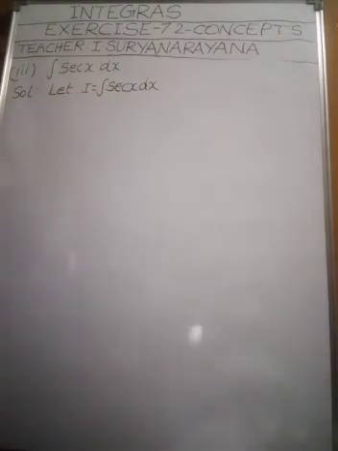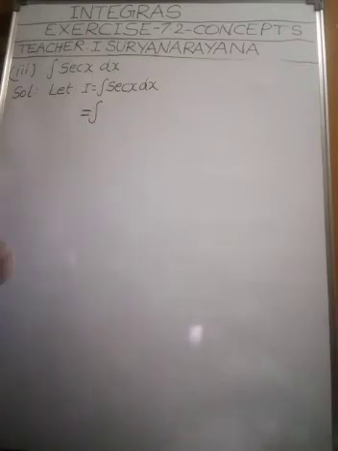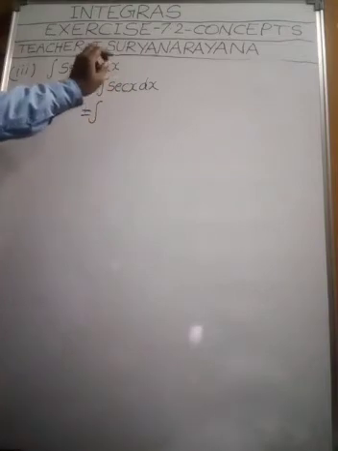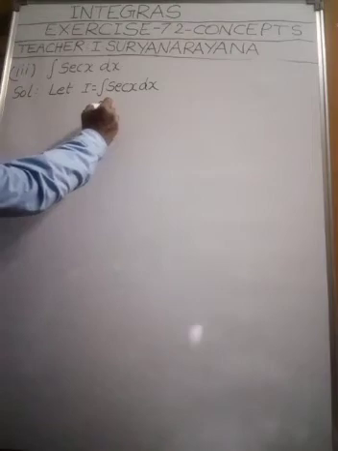Okay, my children? Right. Now, I am multiplying this function. I am multiplying this integrand, multiplying and dividing by secant x plus tan x. Okay, my children?